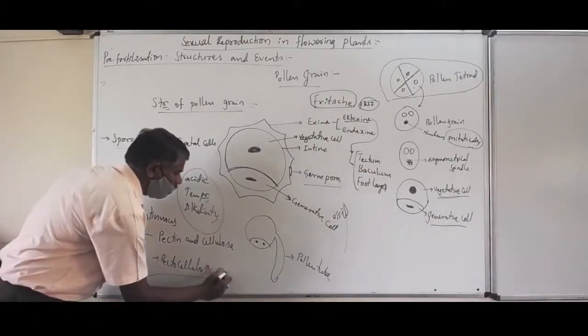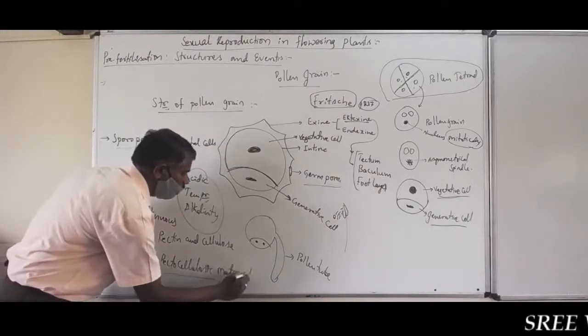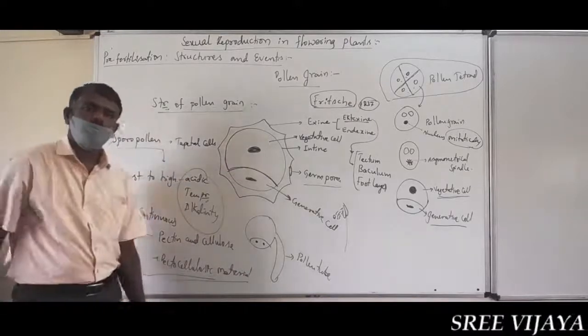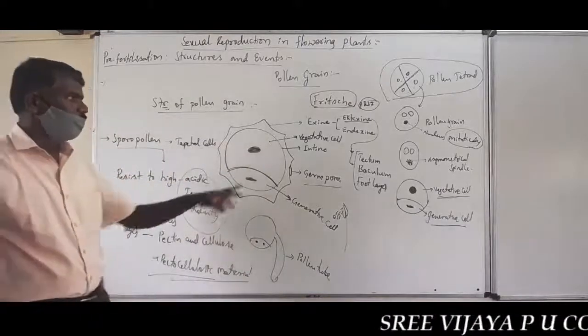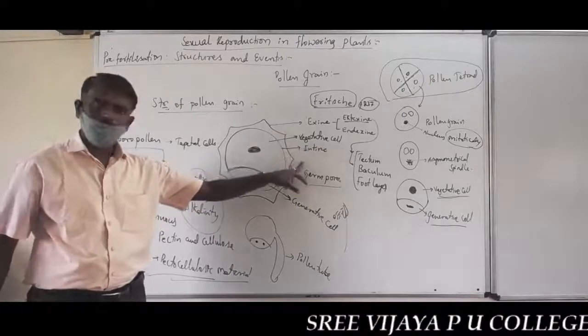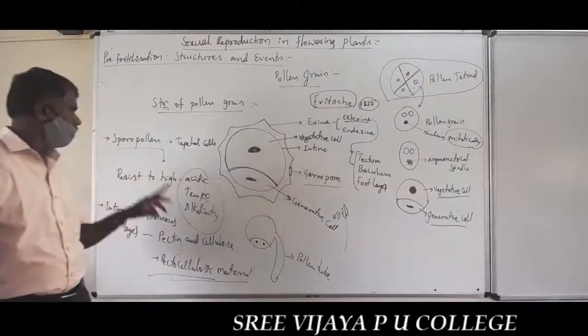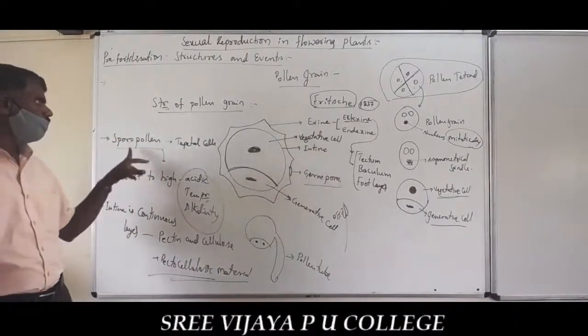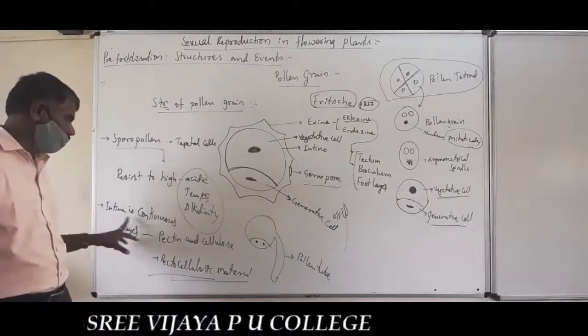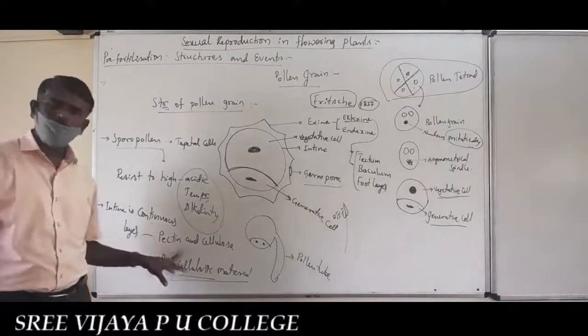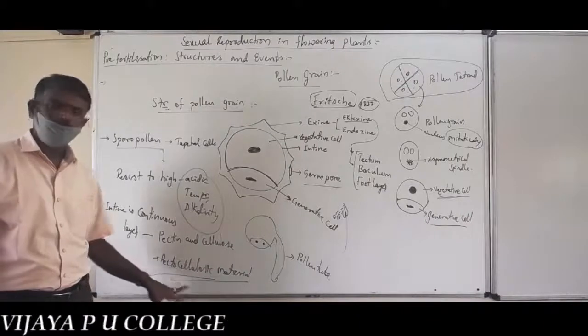So the two wall layers are the exine, made of sporopollenin, and the intine, made of pectin and cellulose, or pectocellulosic material.